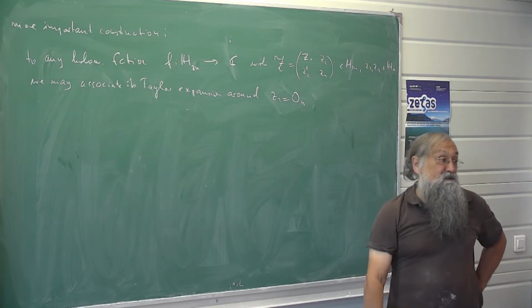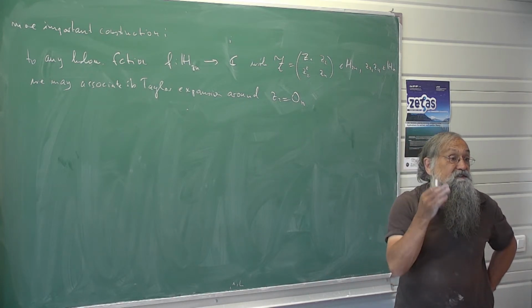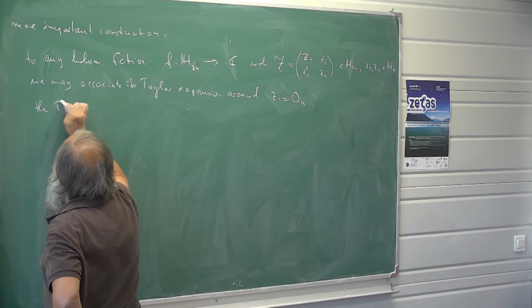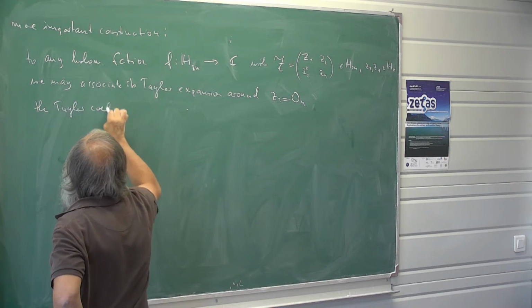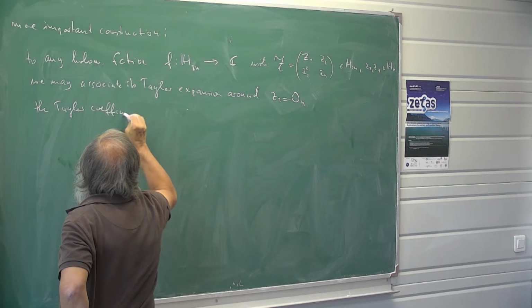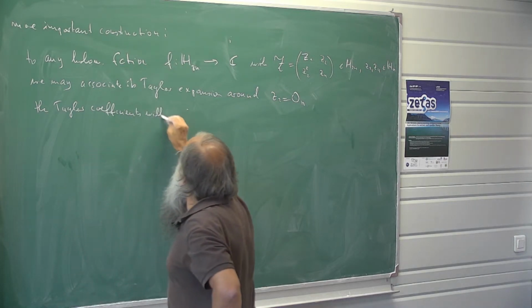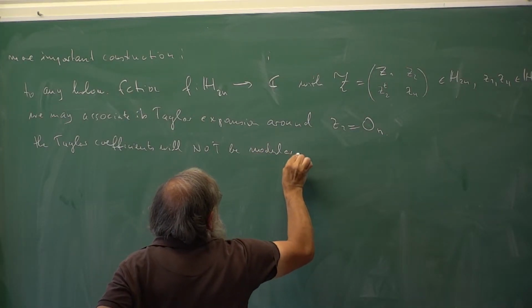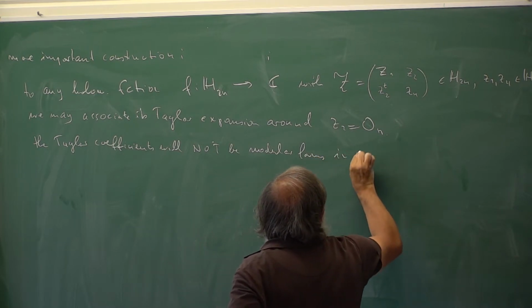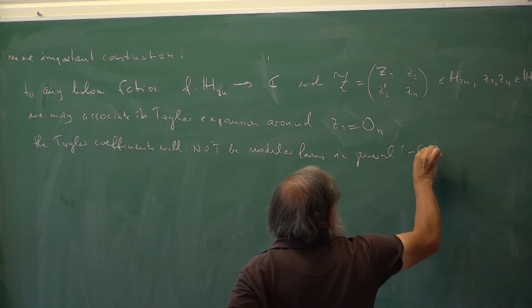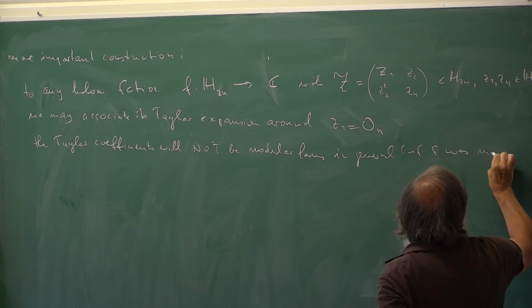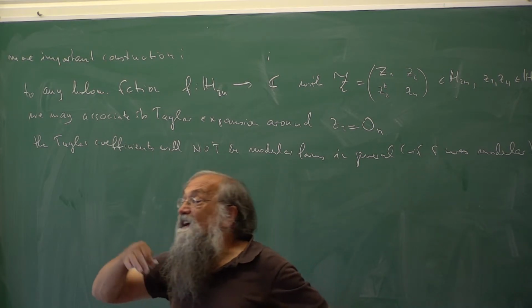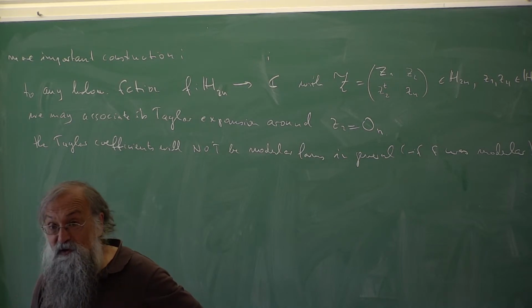But the Taylor coefficients are functions of Z1 and Z4, and they will not be modular forms if f was a modular form. But certain linear combinations of Taylor coefficients will be modular forms.